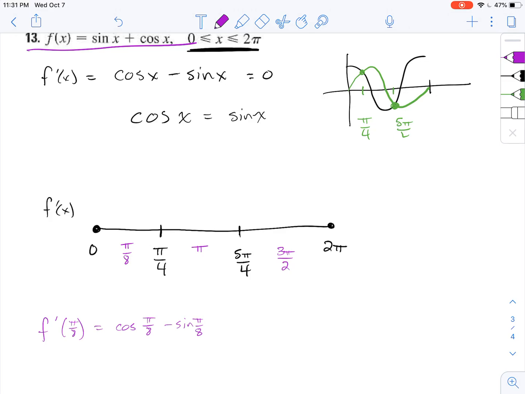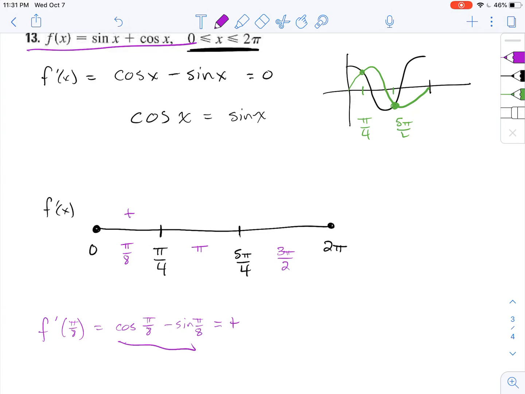I'm actually pulling out my iPhone here. Cosine of pi over 8 is 0.92 something minus the sine of the same thing. Okay, that's positive. And I just got that by evaluating this on my calculator.